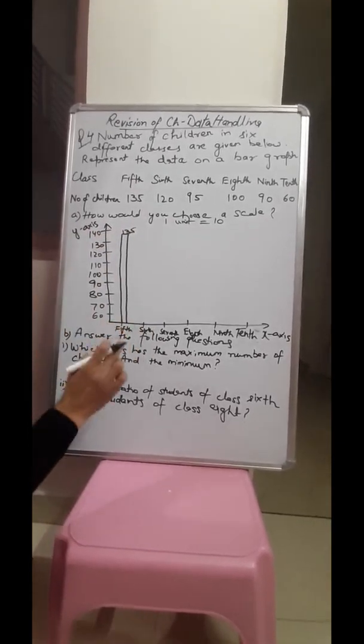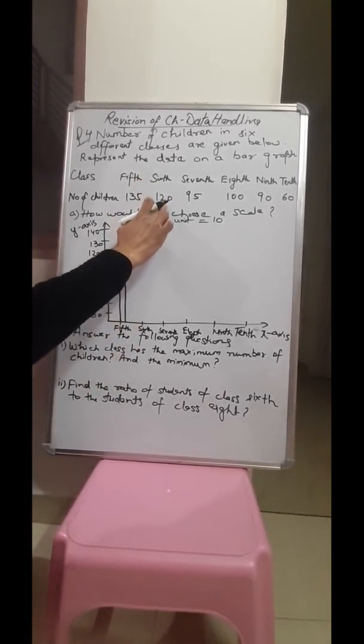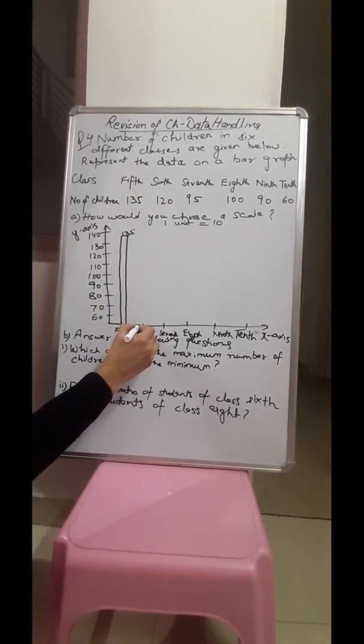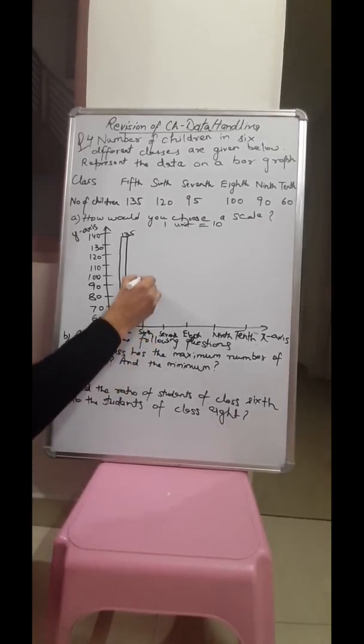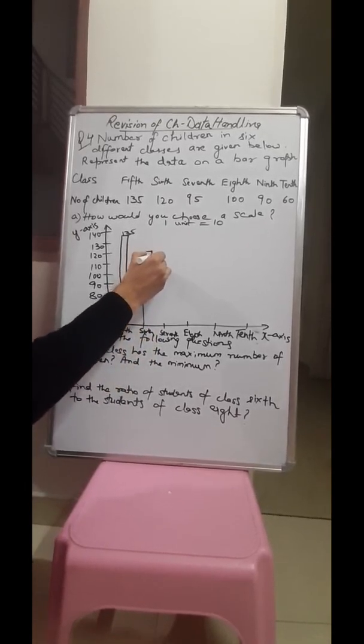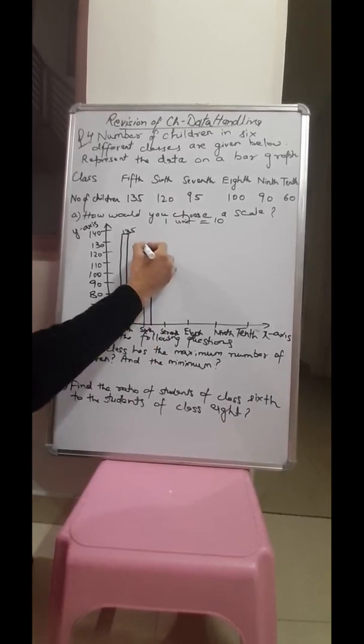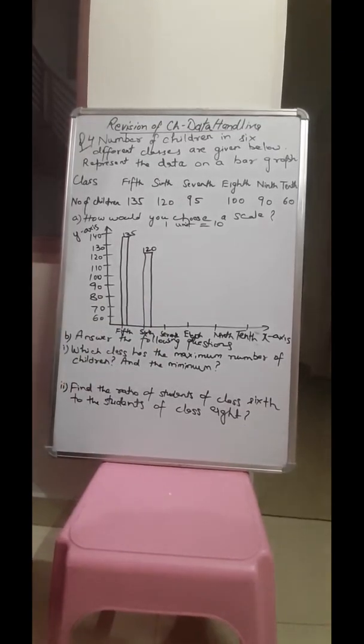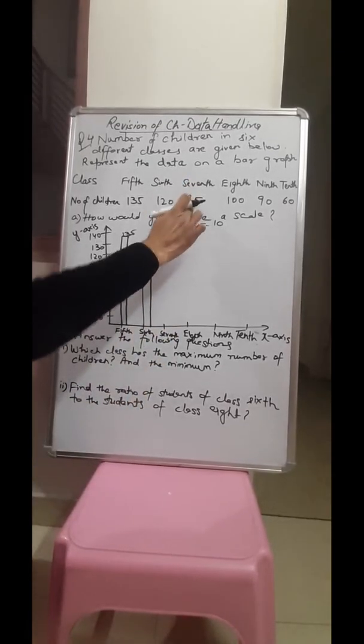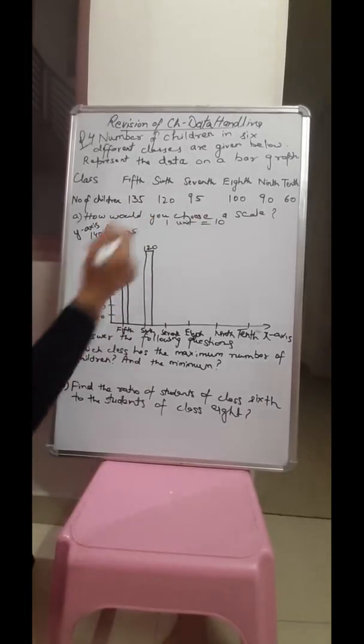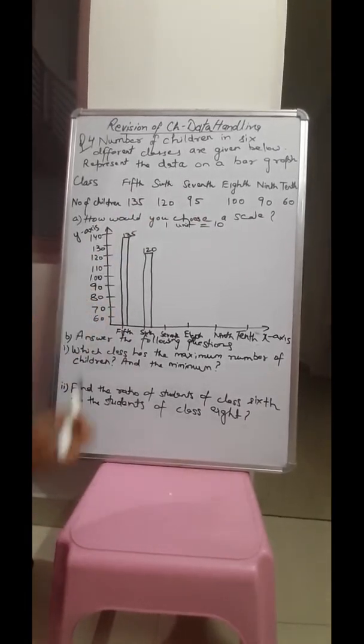Now next is 6th. In 6th it is 120, so the bar will go up to 120 like this. At the top you have to mention 120. And 7th it is 95. Where will 95 come? 95 will come between 90 and 100.